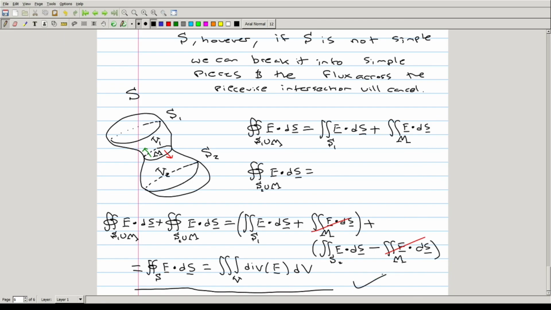This gives us the proof of Gauss's theorem, and we'll go over now a bunch of different applications of this to show how we can use this in practice.